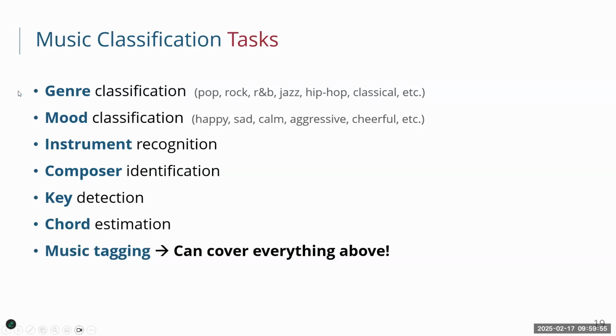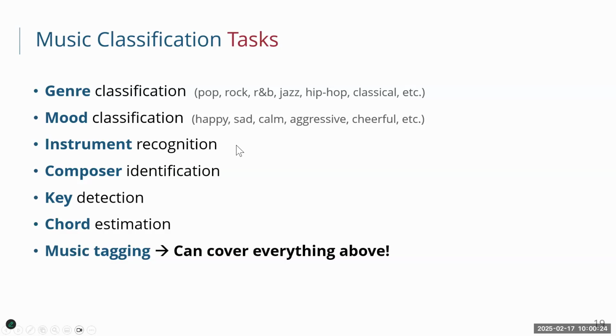And pretty much you can combine everything here into music tagging. So music tagging is how we do it in YouTube or whatever. Lots of different platforms, you upload something and then you just tag it, say, this is pop, I think this is somehow jazz and somehow sad and aggressive at the same time. So you will have a bunch of different stuff.